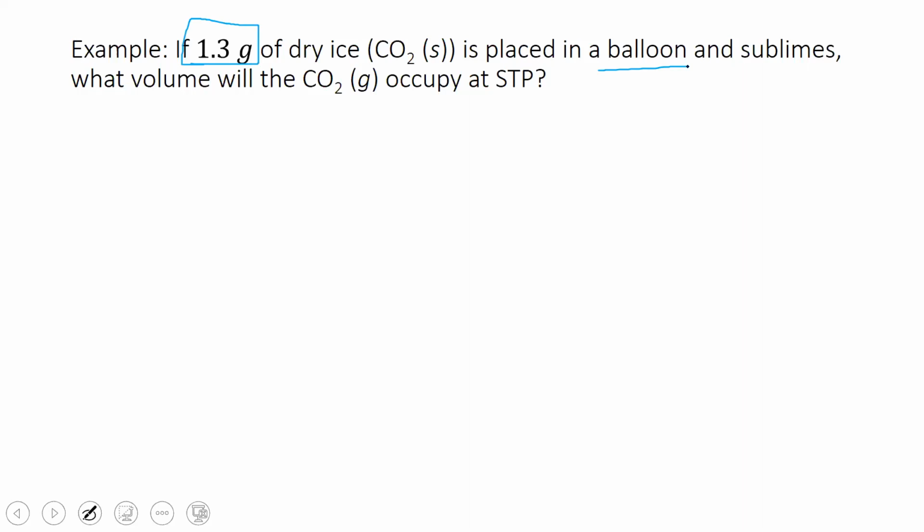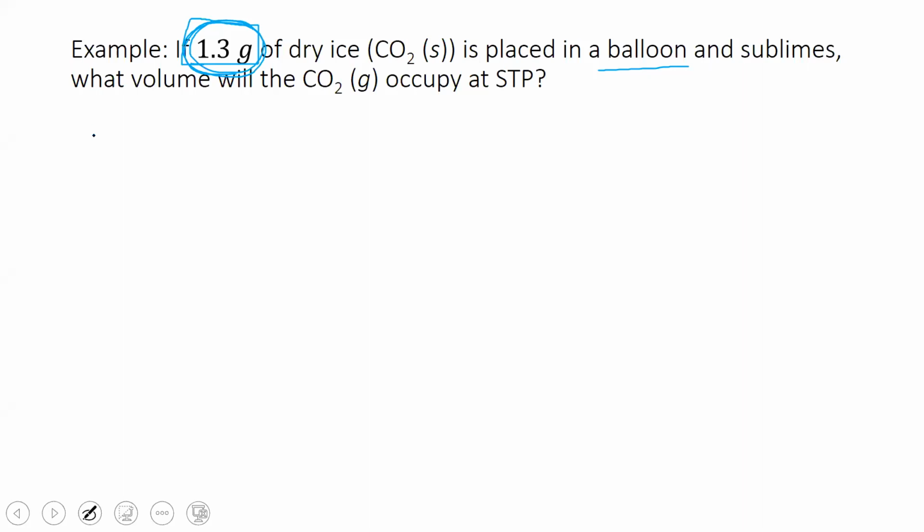In this case, the standard pressure is 1 atmosphere. And so we can calculate the volume that it would occupy, assuming we know the number of moles. If I know the mass, I can calculate the number of moles. And if I know the number of moles, I can use that standard molar volume to figure out the volume that it occupies at STP.